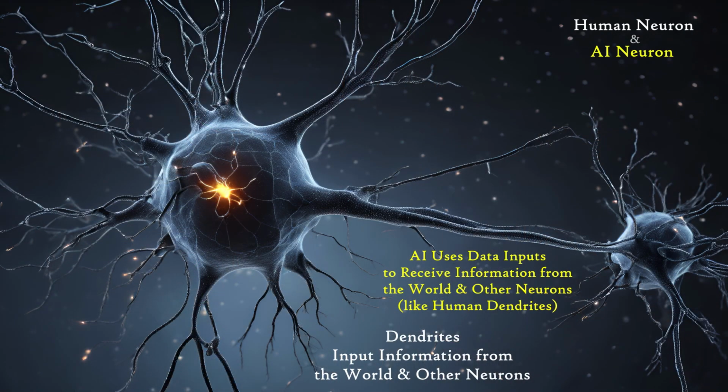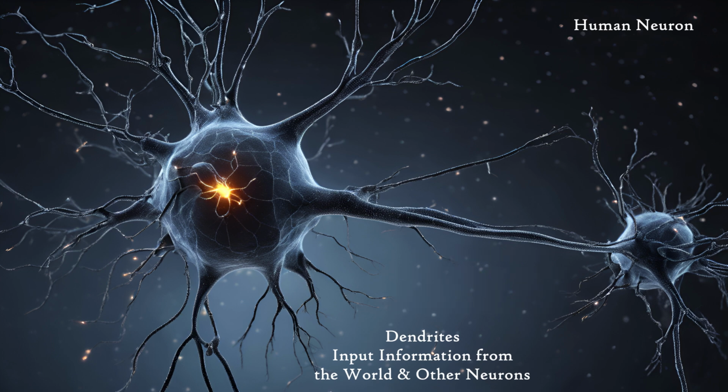So let's talk about dendrites as human inputs and AI inputs. Human brains use dendrites to receive information from other neurons and from the environment.